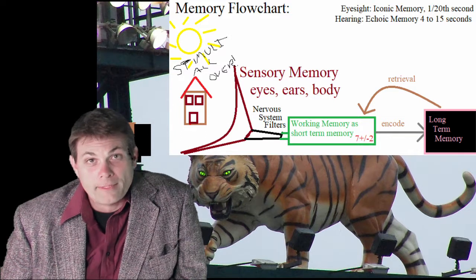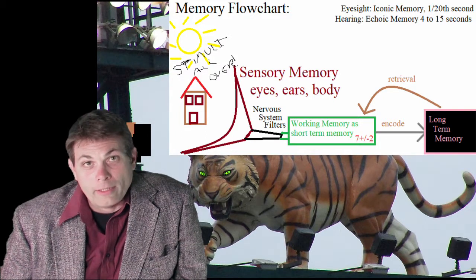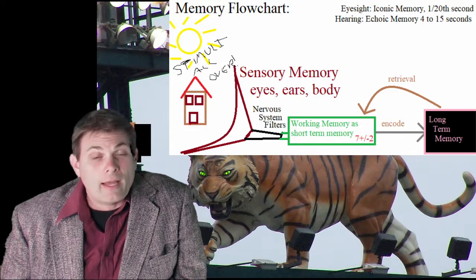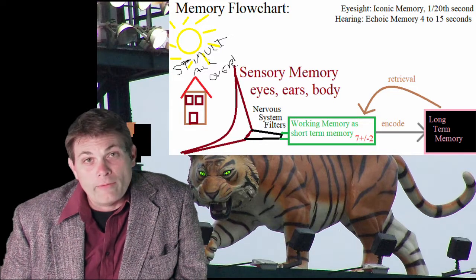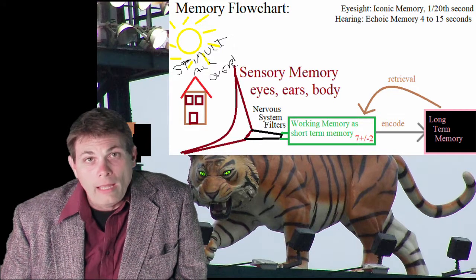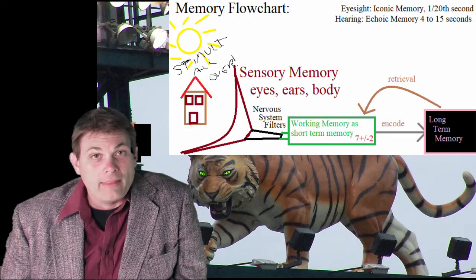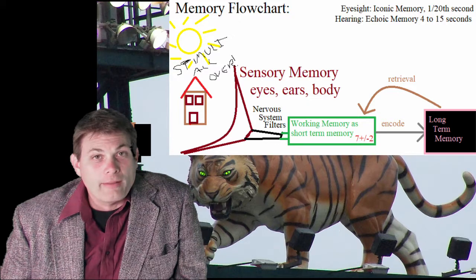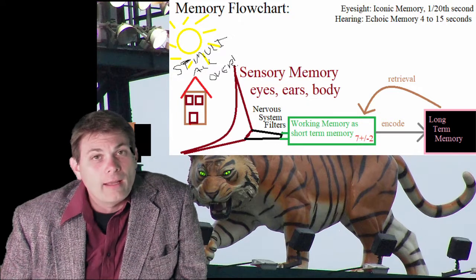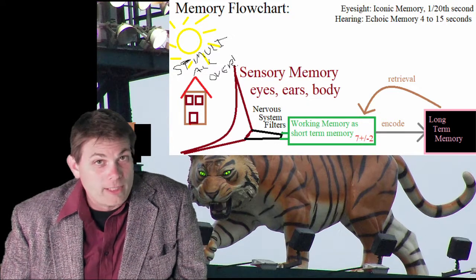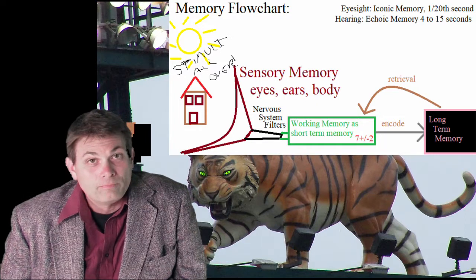Auditory memory, called echoic memory, you've got longer. You've got between 4 and 15 seconds with echoic memory. An example of this would be, have you ever not been listening to someone and they've been talking, and then after a while they look at you and say, what did I just say? And you can remember what they just said to about 10 seconds ago?